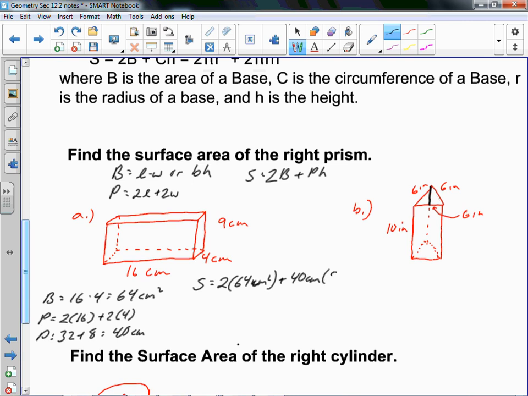So the height is 9 centimeters, the distance between the two bases. So our surface area is going to be 128 centimeters squared plus 360 centimeters squared. Our total surface area is 488 centimeters squared.